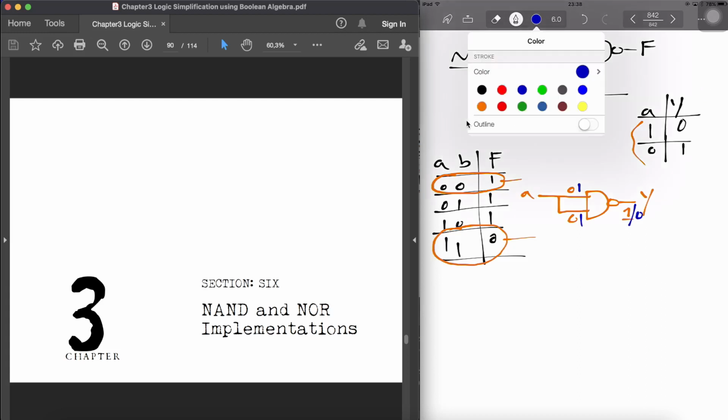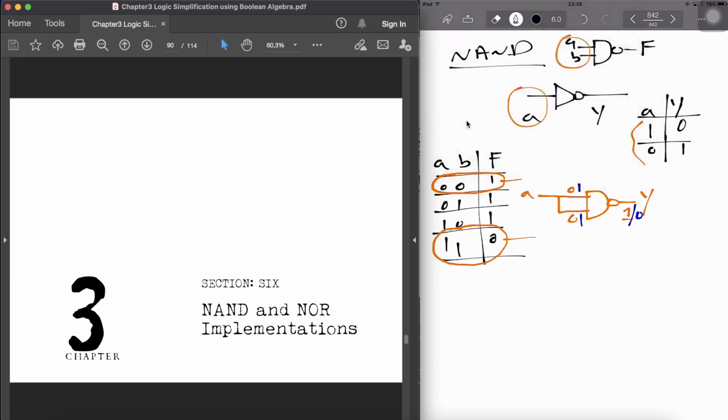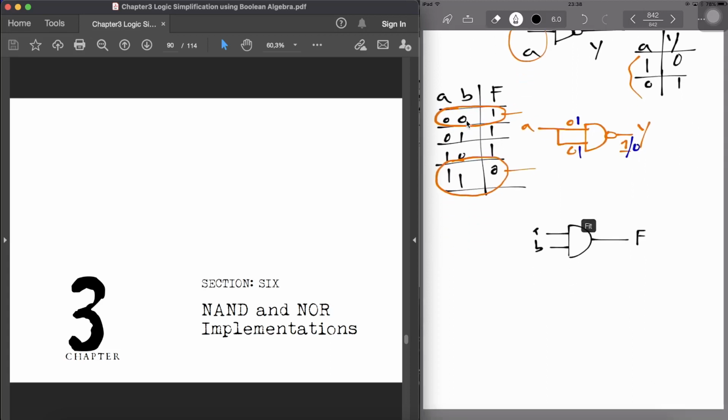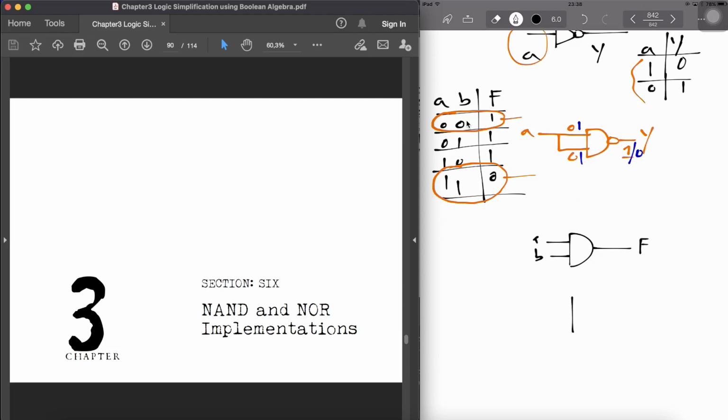How about the AND gate, which I already mentioned? If you want to implement an AND gate using NAND gate, the properties are similar. All you need to do is implement a NAND gate and we just need to get rid of the bubble in front of it.